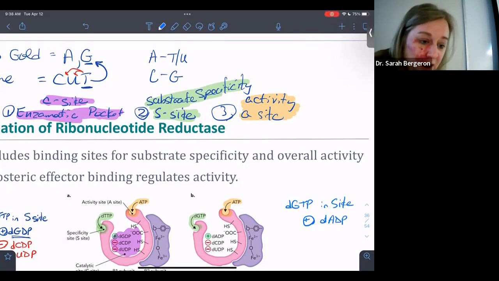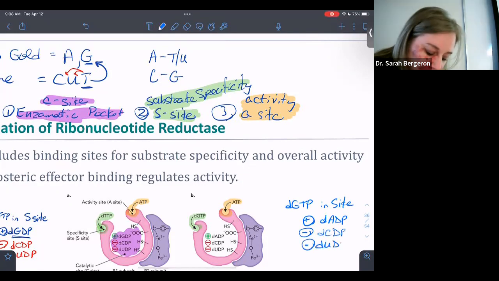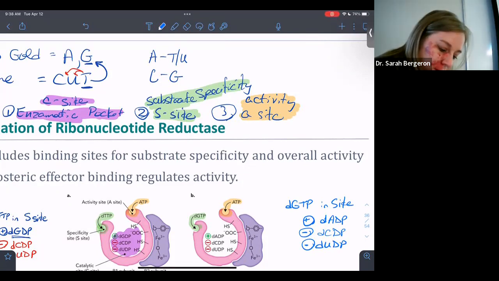And at the same time, we're going to inhibit dCDP and we're going to inhibit dUDP. So if we have G, what are we going to do? Promote A and inhibit what? C and U.